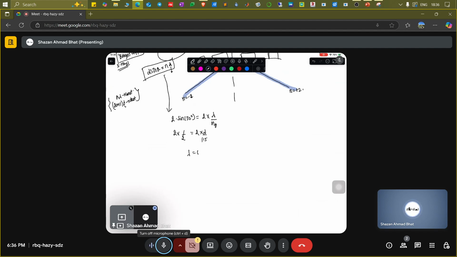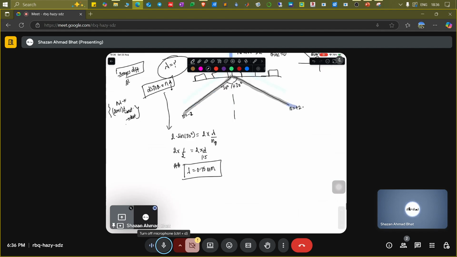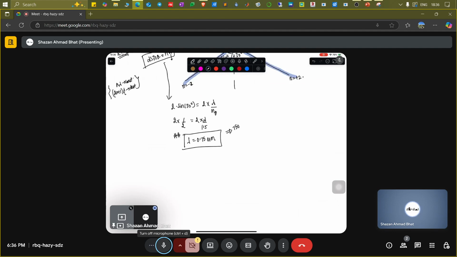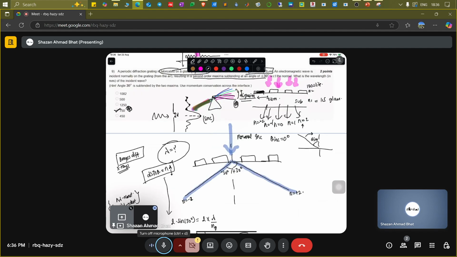So lambda you get around 0.75 micrometers. So the wavelength of the incoming wave, based on the angle at which the diffraction takes place for the second order intensity, would be around 0.75 micrometers. That means it is 750 nanometers. So 750 nanometers is the answer to this question.